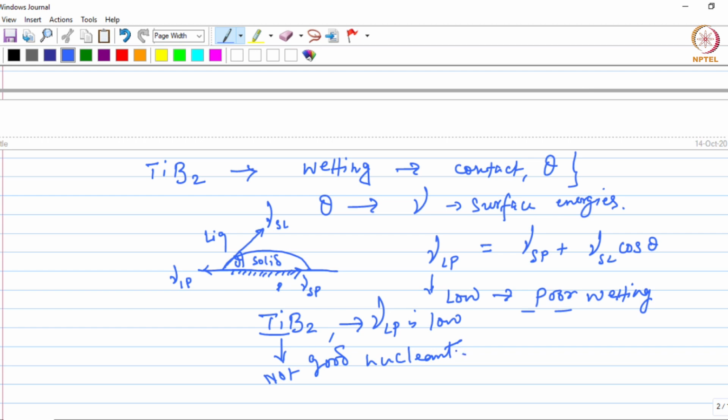And the other factor which goes against TiB2 in terms of its grain refinement efficiency is the fact that it does not have any plane which can provide a low disregistry with aluminium or low mismatch with aluminium.